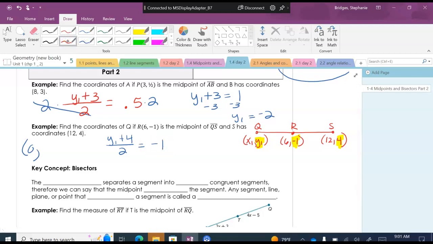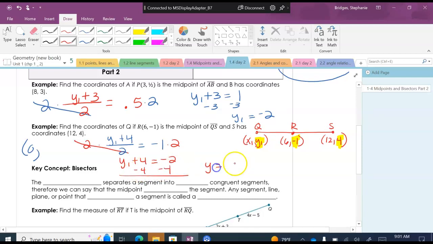And again, every time you set it up when you're working backwards like this, the very first thing you're going to do is multiply both sides by 2 so that you can get rid of that divided by. That's going to be Y sub 1 plus 4 equals, what is negative 1 times 2? Negative 2.